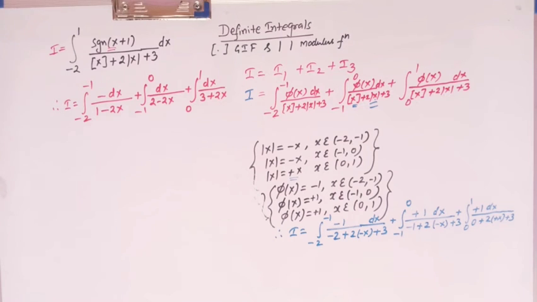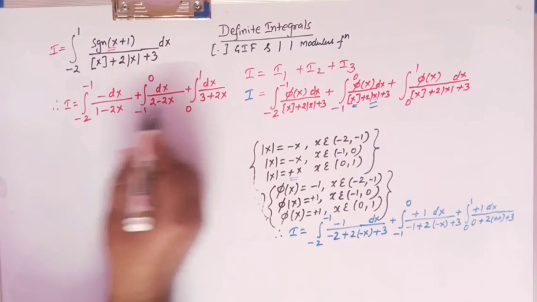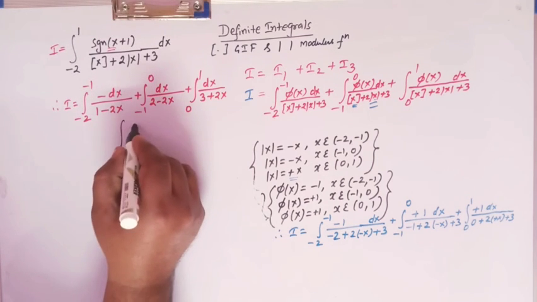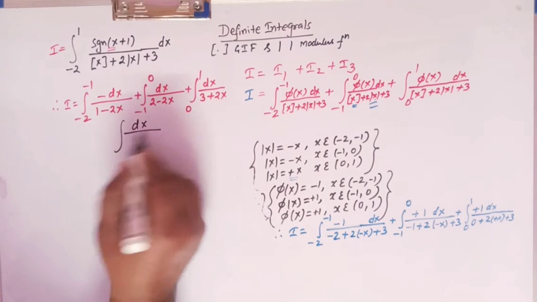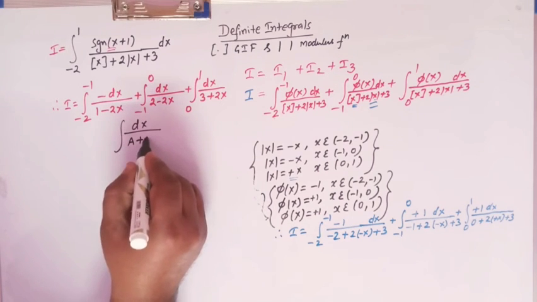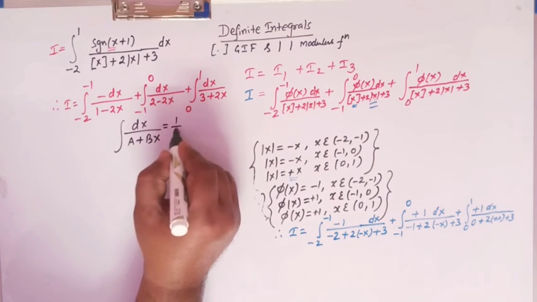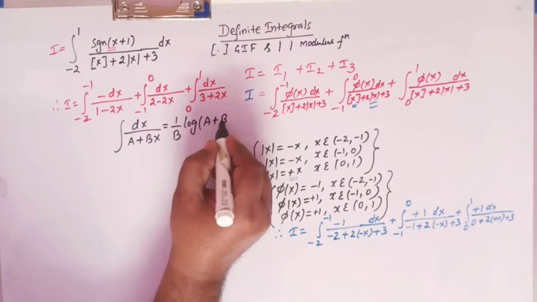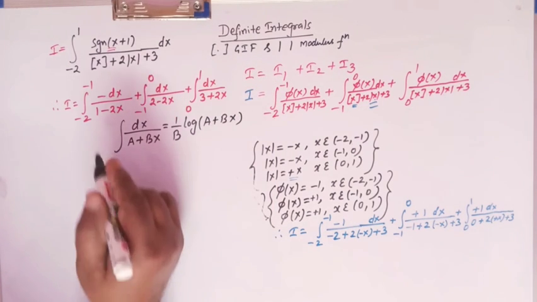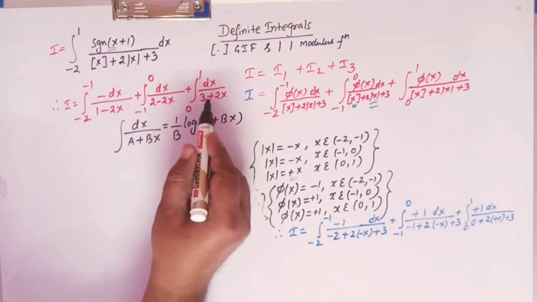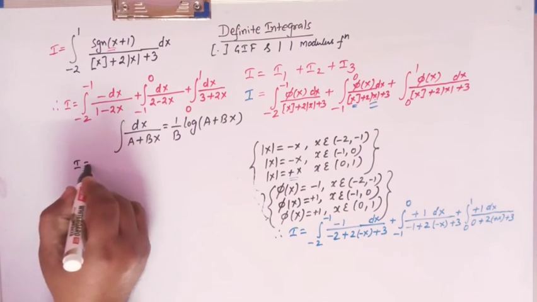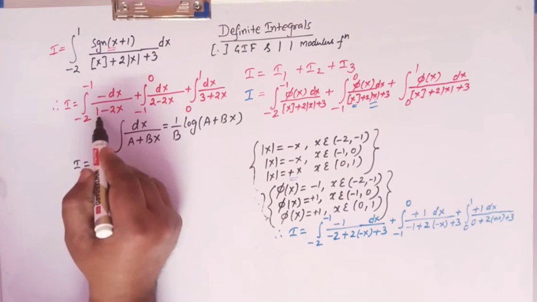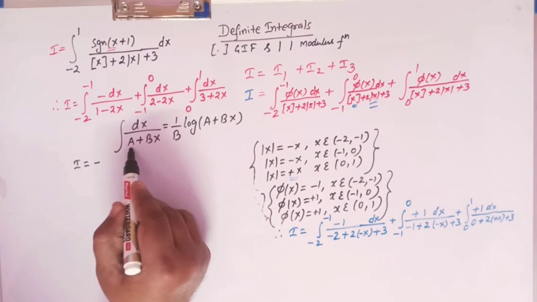Now we can integrate these three integrals by making use of an important result, which says that the integral of dx over a plus bx is equal to 1 over b log of a plus bx, right? So this result would be used to integrate these three integrals. So now we have I, and here we have the negative sign, and we have 1 over 1 minus 2x, which is of this form.